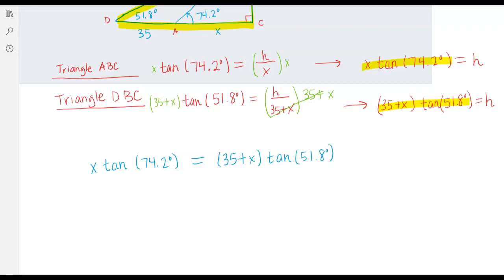Now this part, even though I'm not plugging into the calculator, just represents a number. And when I have a number multiplied by something in parentheses, I can distribute it to both items in the parentheses. So that's what I'm going to do next. I'll have 35 multiplied by the tangent of 51.8 degrees, and then also x multiplied by the tangent of 51.8 degrees.